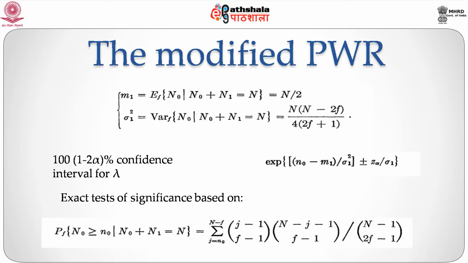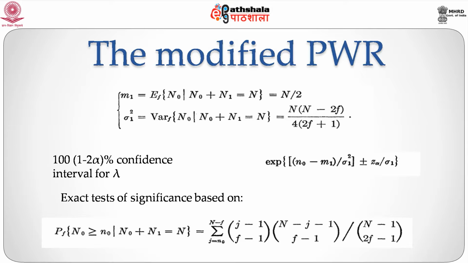2F plus 1. We can use this to get approximate confidence intervals for lambda by basing it on the normal distribution of N0 with mean M1 plus sigma 1 squared log lambda and variance sigma 1 squared.